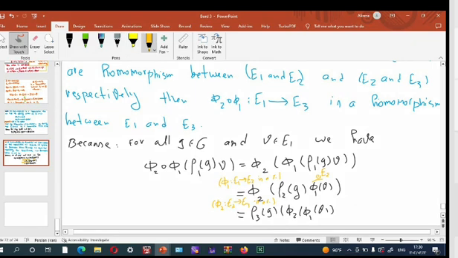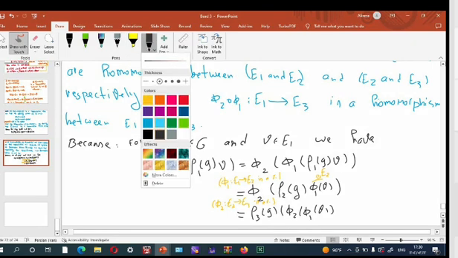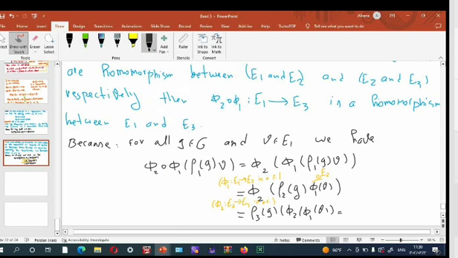And the last one equals rho 3 of g of phi 2 o phi 1 of v. So we have this equality for this morphism between rho 1 and rho 3.